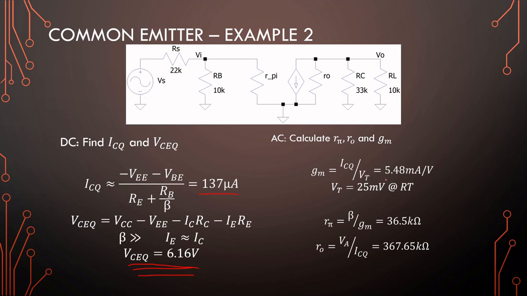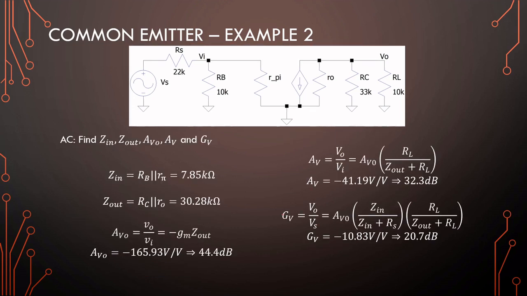Okay, our transconductance roughly 5.5 milliamps per volt, our r pi 36.5 kilo ohms, and our output impedance of our transistor is very high, 367.68 roughly kilo ohms. As for the equations, they look very similar.